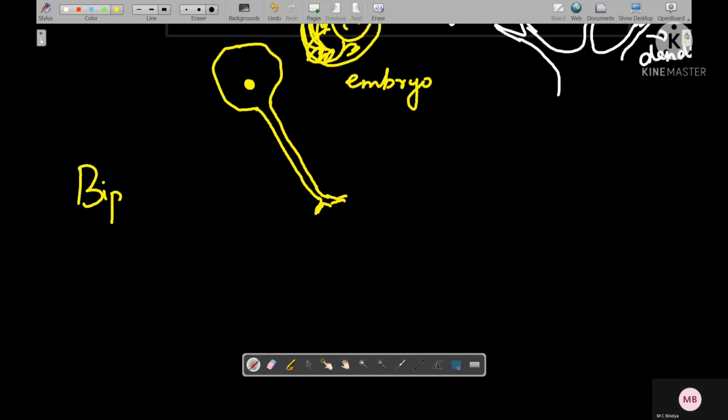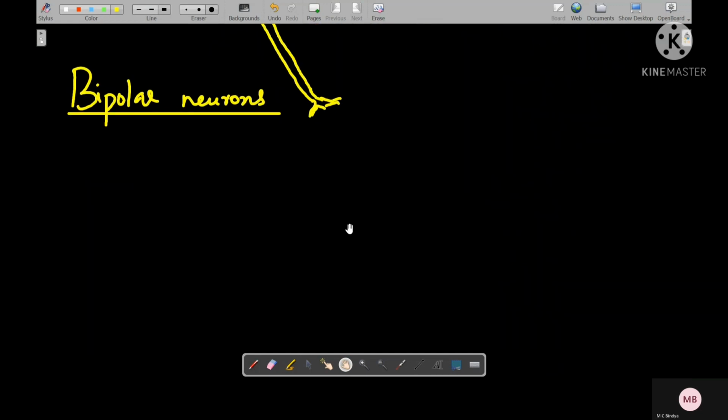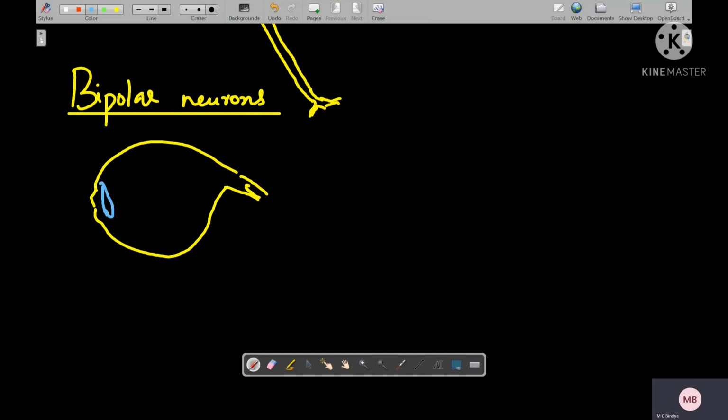And then comes bipolar neurons. Bipolar neurons are found in the retina of the eyes. Now this is the lens of the eye, and you can see the retina of the eye here.